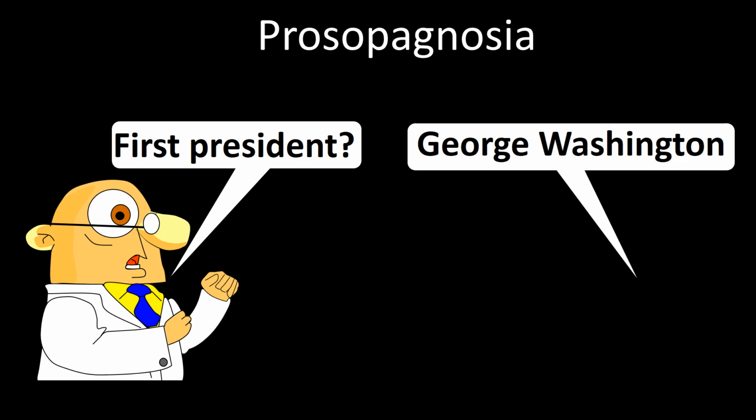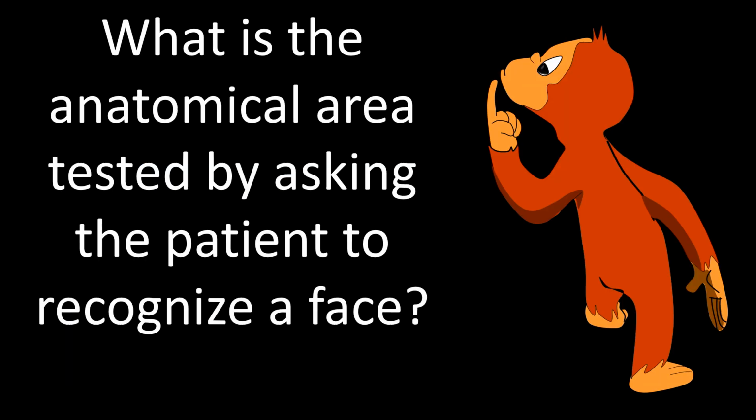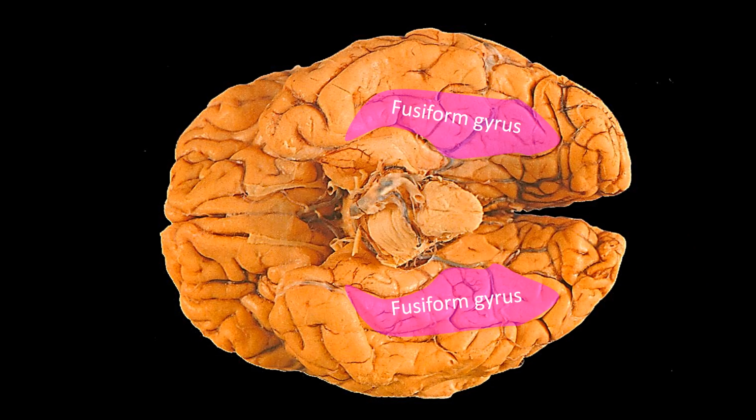The patient will answer correctly. What is the anatomical area tested by asking the patient to recognize a face, if all other sensory modalities work well and semantic memory is normal? The area being evaluated is the bilateral fusiform gyra, also known as the temporo-occipital gyra, here shown in this frame.